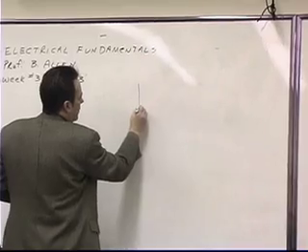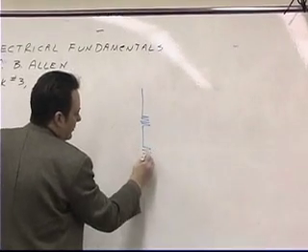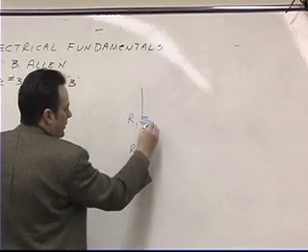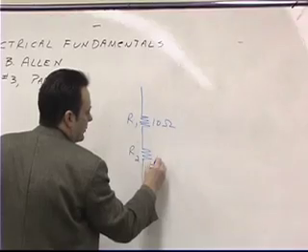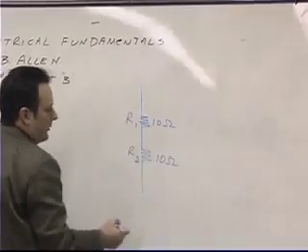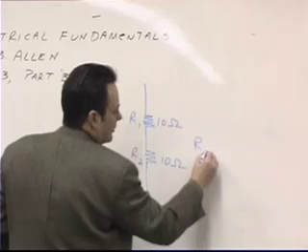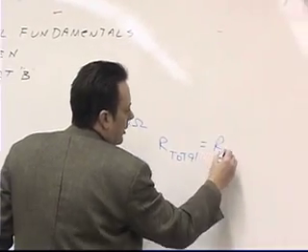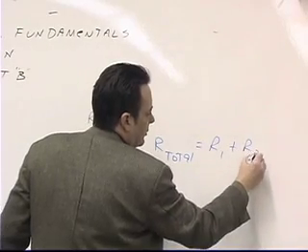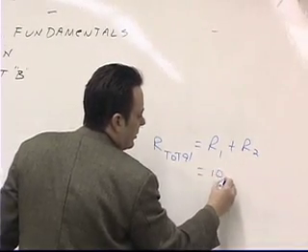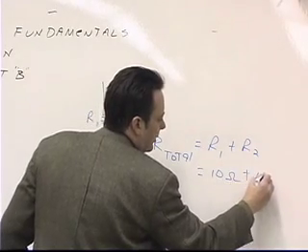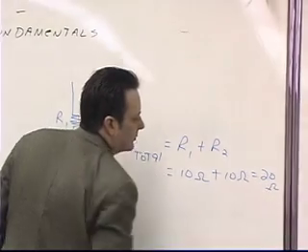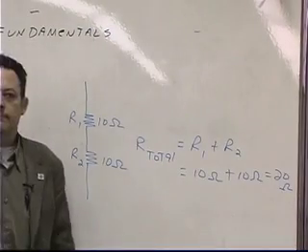We know that if we have two resistors that are in series with each other, R1 and R2, and they're each 10 ohms, that the total resistance is equal to R1 plus R2, which is equal to 10 ohms plus 10 ohms, which is equal to 20 ohms. Right? Everybody straight on that?